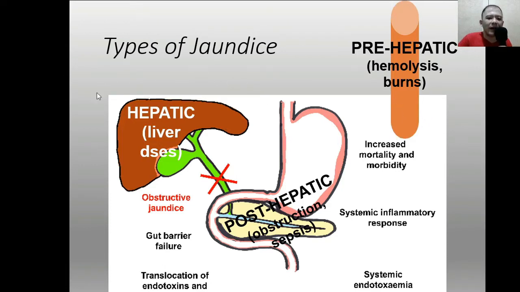Hepatic, which you have two: increase in indirect bilirubin, for example, if there is an absence of the enzyme, or increase in the direct bilirubin when there is a problem with protein transport. Post-hepatic, when there is an obstruction, obstructive jaundice secondary to stone or tumor, or sepsis.